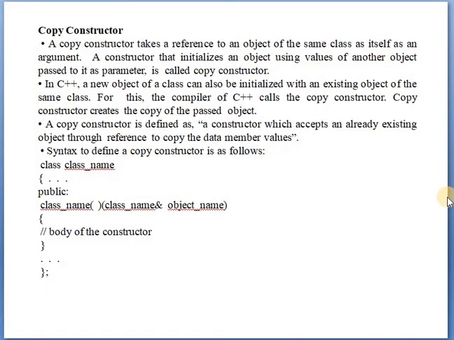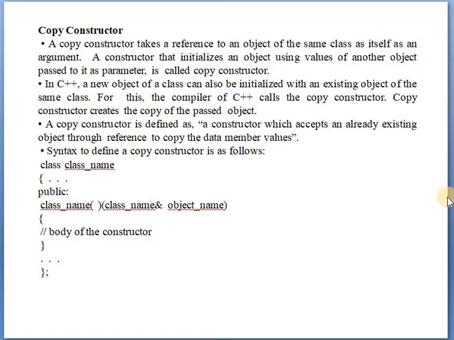Now the third type is the copy constructor. A copy constructor takes a reference to an object of the same class as itself as an argument. A constructor that initializes an object using values of another object passed to it as a parameter is called a copy constructor.